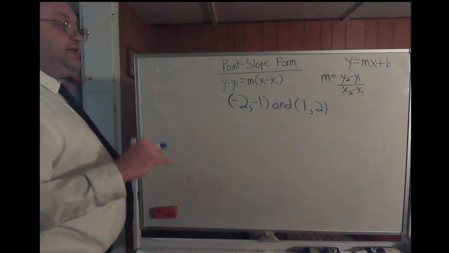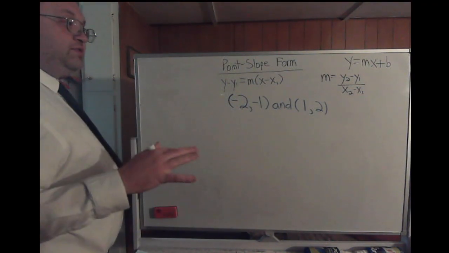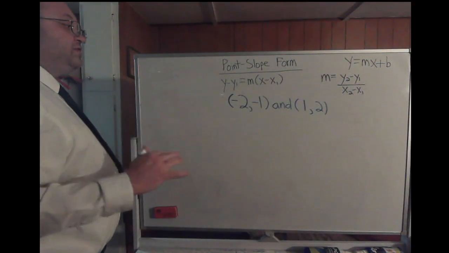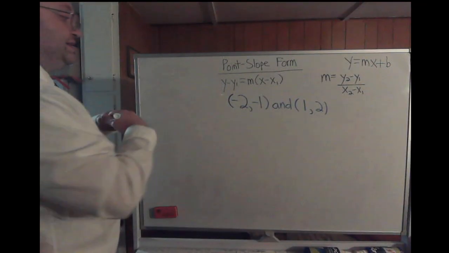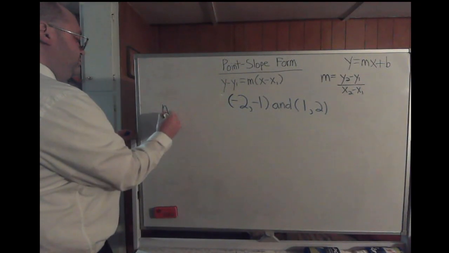We don't know anything. We don't know the slope. We don't know the y-intercept. We don't know any of that. That's okay. What we first want to do when we're given 2 points is find the slope. That's exactly what we need to do. So we'll find the slope.